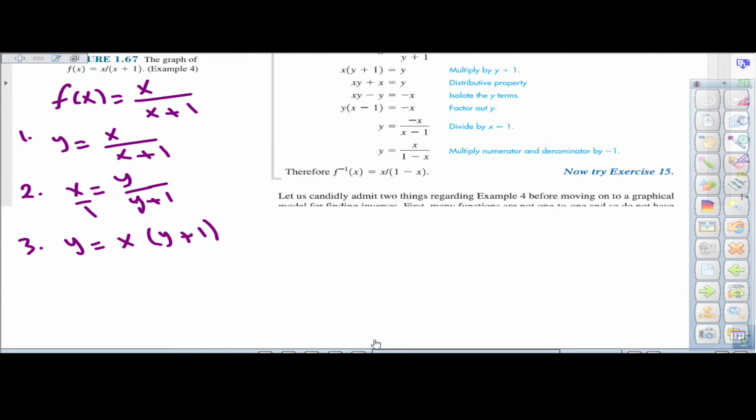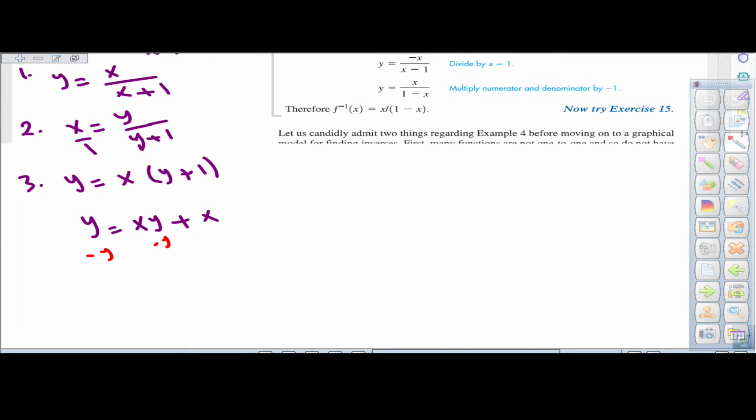So the y equals xy plus x. See that? And I'm just going to have to subtract the y's from both sides. Minus y, minus y. And at the same time, you could also subtract the x's, but let's wait one more step.